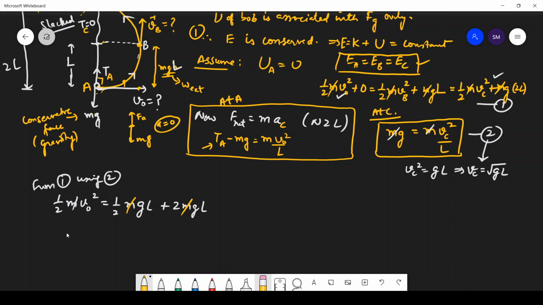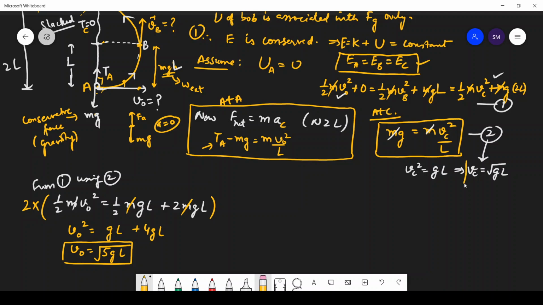So multiply both sides with 2. What do we get? V naught square is equals to GL plus 4GL, right? Multiplying both sides with 2, so this 2 will cancel out, this 2 will cancel out, and here we will get 4. So this 4 plus 1, 5. V naught square is equal to 5GL, and V naught is equals to under the root 5GL.